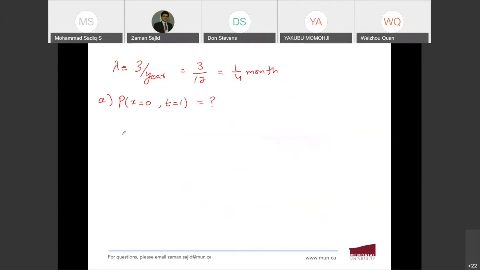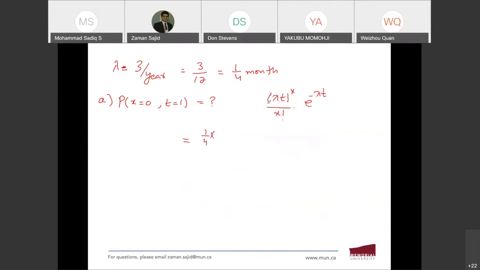Now we know the general formula is (lambda t) to the power x over x factorial, times e to the power minus lambda t. When I plug in the values here, I know what my lambda is, which is 1 by 4. Now the units are consistent. You need to take care of your units so that they can take care of you.